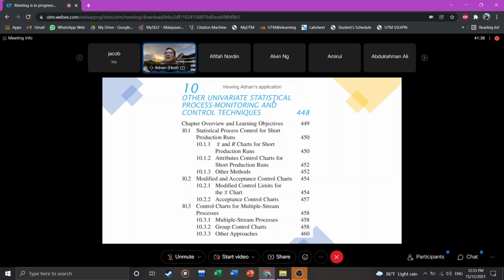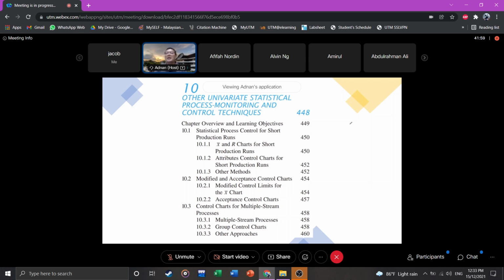Univariate means you only monitor one parameter. It could be thickness, surface roughness, resistance, or current fluctuation, any parameter. But there are cases where we need to monitor more than one concurrently.